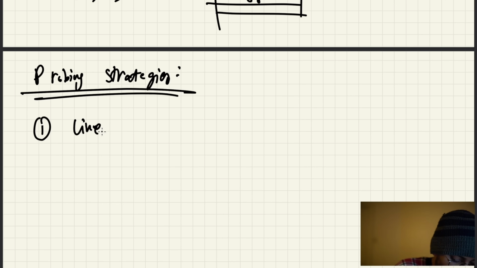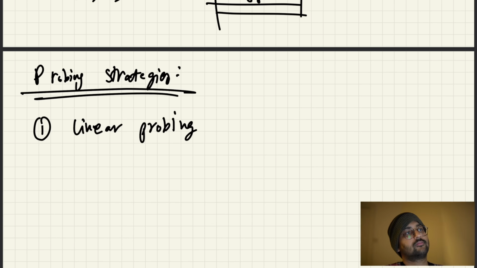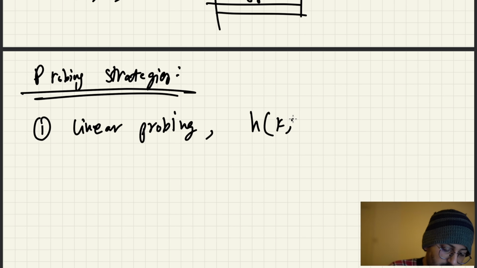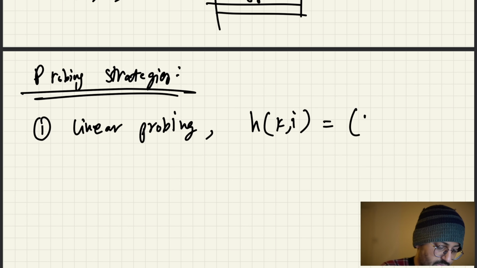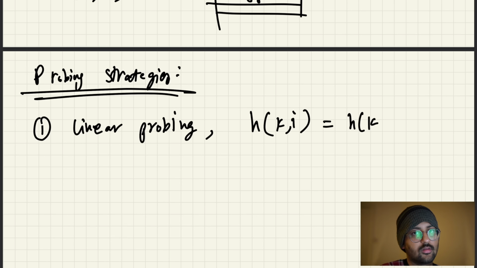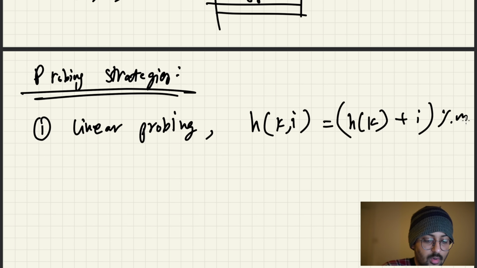The first one is known as linear probing. h of key for the ith try is going to be equal to calculating the hash function normally, plus i, modulo m.